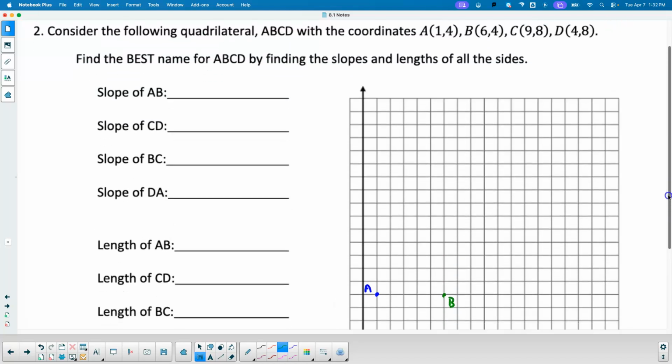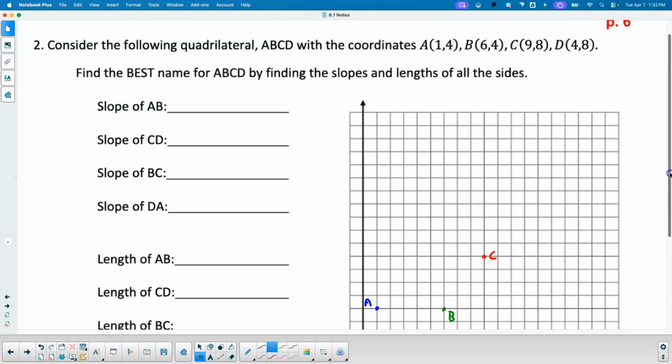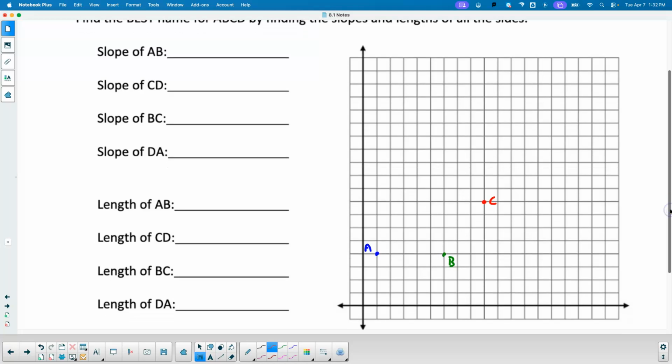C is 9, 8. 1, 2, 3, 4, 5, 6, 7, 8, 9. And D is 4, 8. 1, 2, 3, 4, 8. Okay. All right.